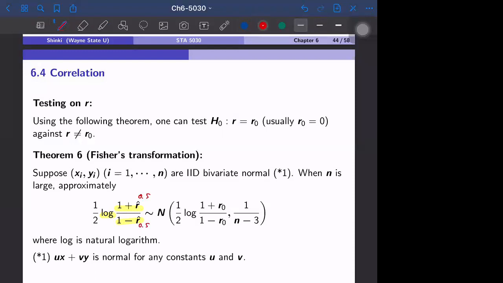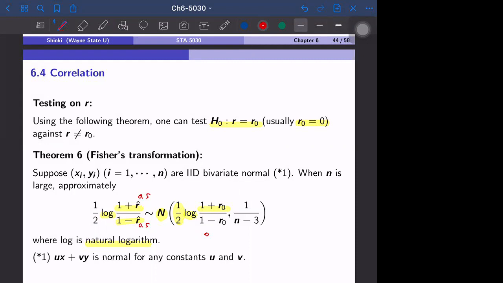The center is 1/2 times log of 1 plus r naught over 1 minus r naught, where r naught is the true correlation coefficient under the null hypothesis. Usually we set this to 0, so it is actually the log of 1, which becomes 0. Then the variance is 1 over n minus 3.